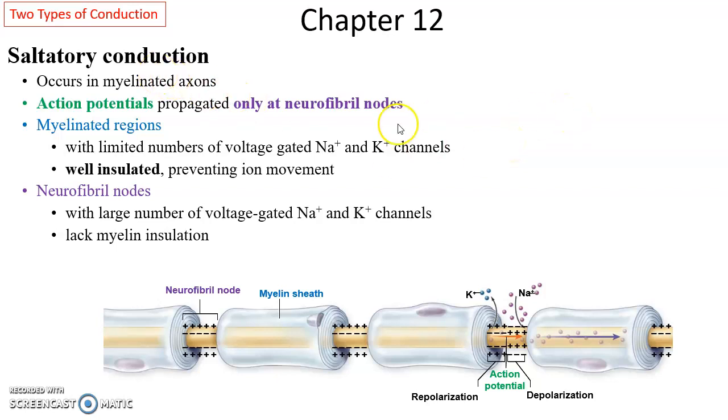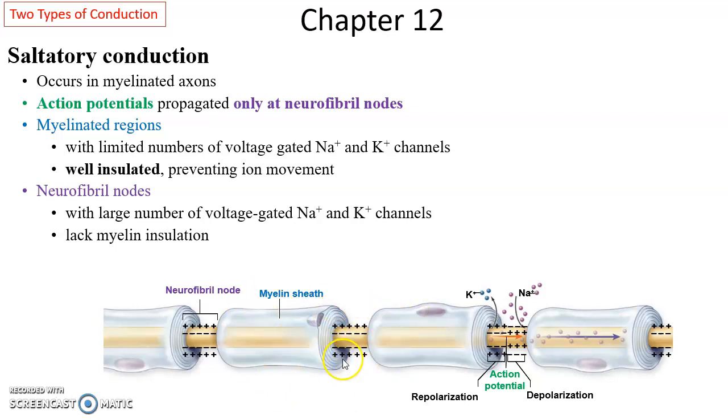It is much faster. Basically, you have the action potential being generated at the neurofibril node. This is where all the opening and closing of voltage-gated ion channels occurs. And then the ions that have migrated across will diffuse down to the next segment. No opening of channels in the myelin sheath.